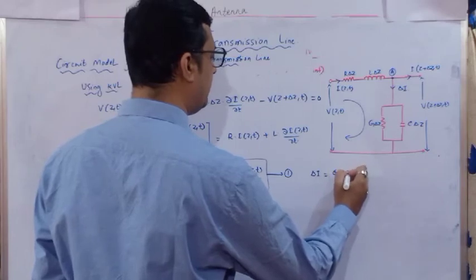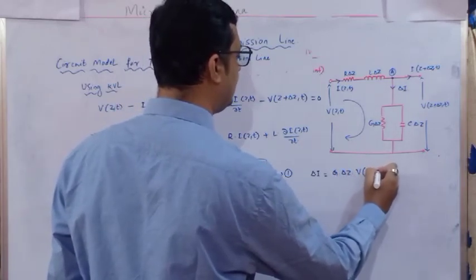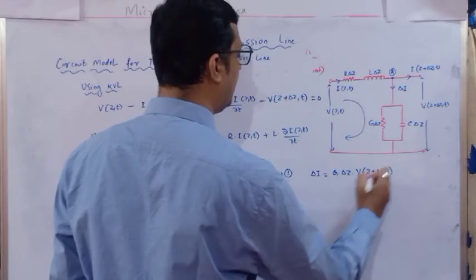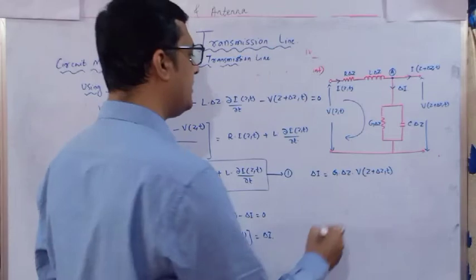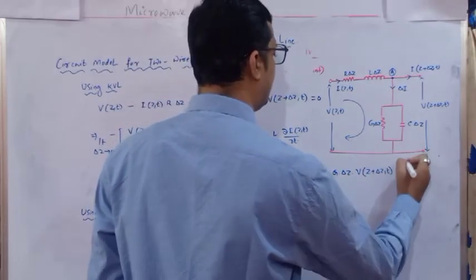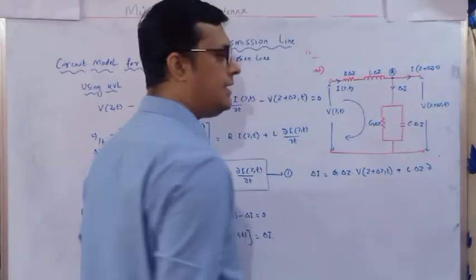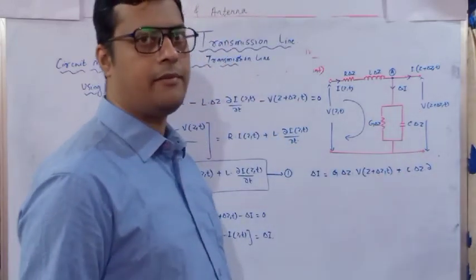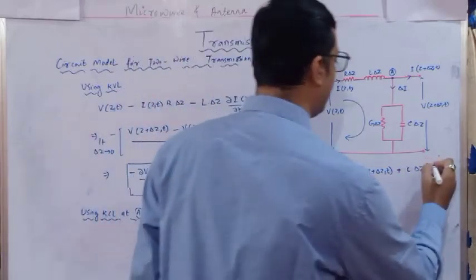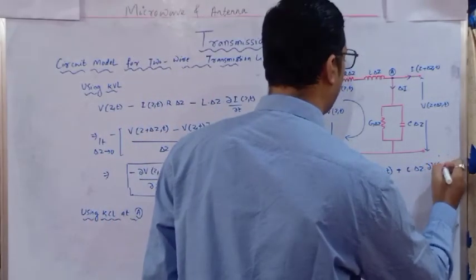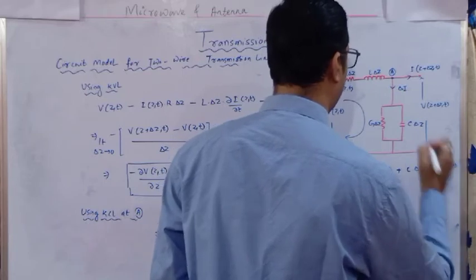G into del Z into V of Z plus del Z comma t, because G into V becomes a current, plus here C into del Z, and what is the current across capacitance? C into dV by dt. So here I will write del V of Z plus del Z comma t divided by del t.